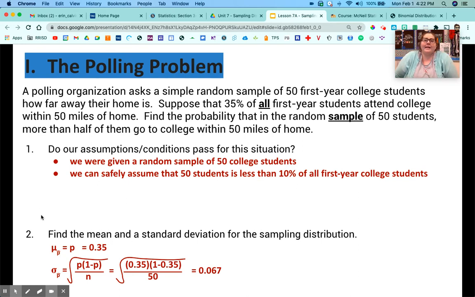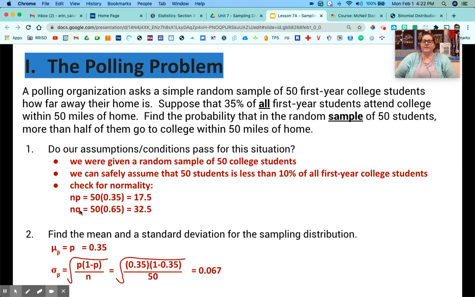Then our third condition is to make sure that the sampling distribution is roughly normal. The way we check that is, does n times p, which would be 50 times 0.35, because 35% of all the first-year college students live close to home. That's p, our true proportion. So 50 times 0.35 is 17.5, which is bigger than 10.